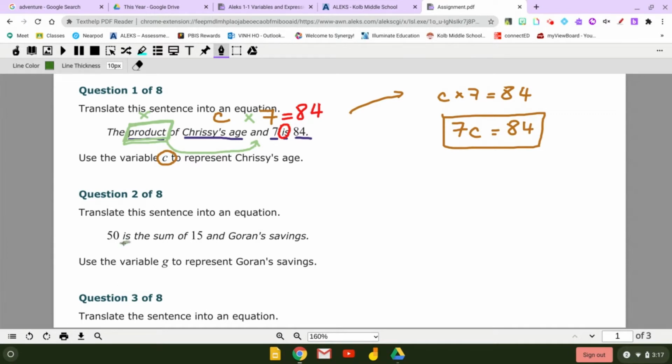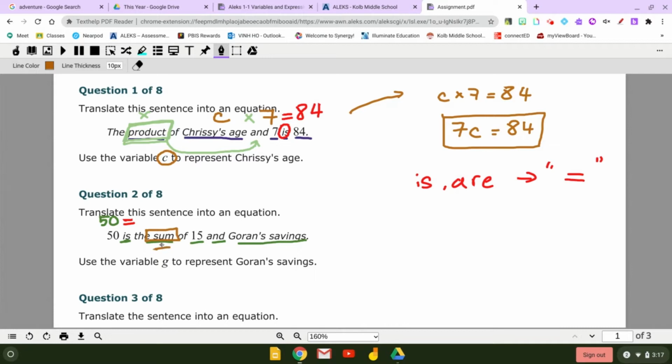50 is the sum of 15 and Goran saving. All right, so we have 50. What does is stand for? Is is equal. One more time: if you see is or are, that stands for the equal sign. Okay, the sum. So what is the sum? Use the cheat sheet and tell me what is the sum.